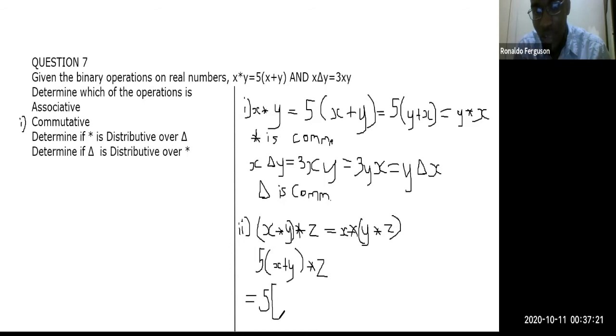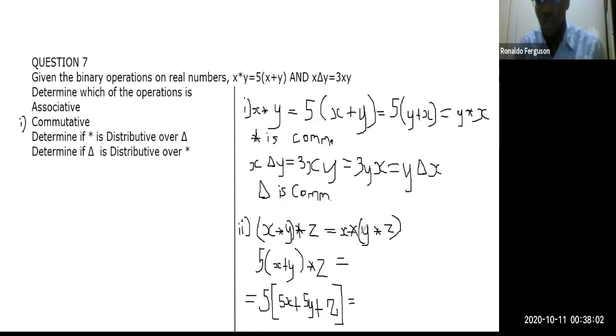So 5 times the first number, which is 5x plus 5y, plus the second number, which is z. That's what the left-hand side works out to be. Now let me simplify it. What I'm getting is 25x plus 25y plus z. So let's leave it this way.